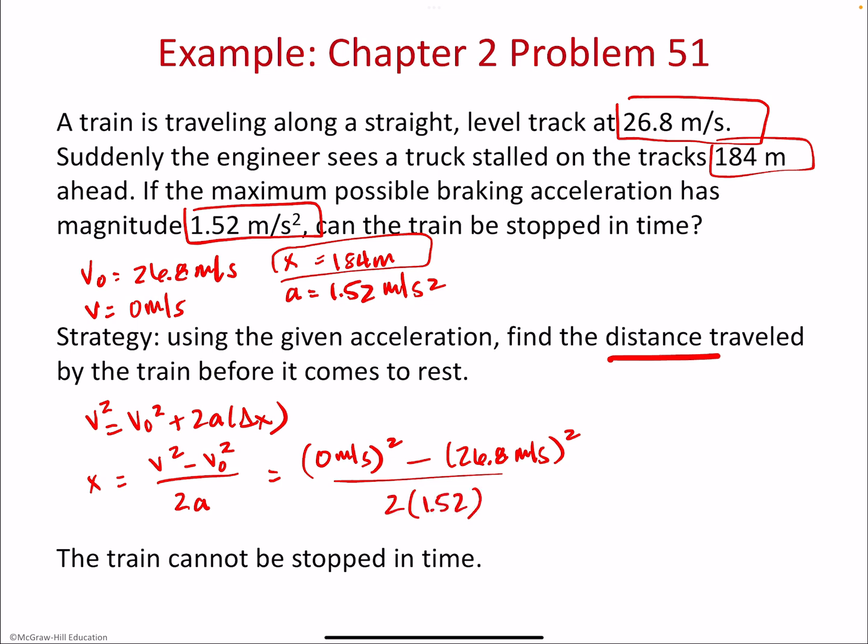Now, is it really positive 1.52? We didn't really discuss this, but we should have. What's happening to the train? Slowing down. So what should the sign of the acceleration be? Negative, and we didn't put that.